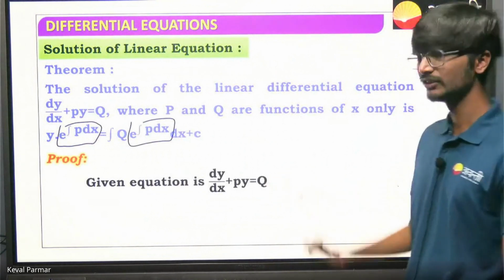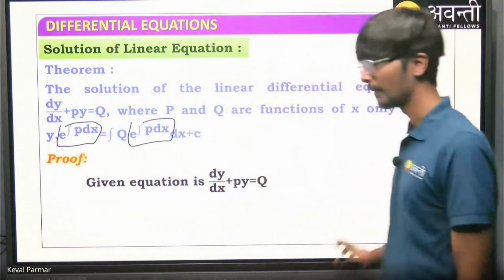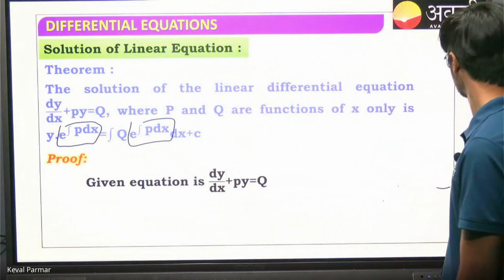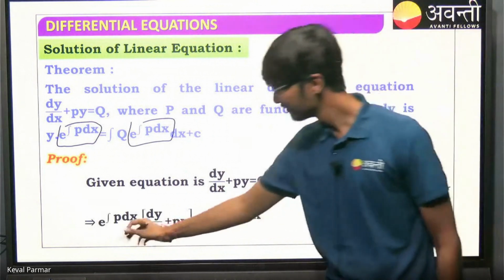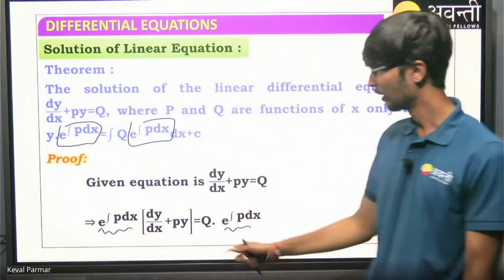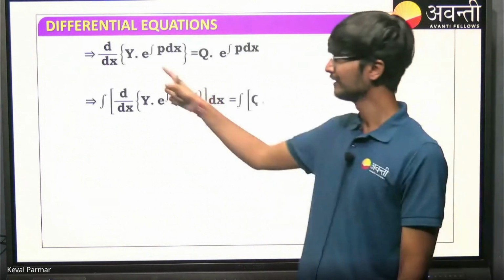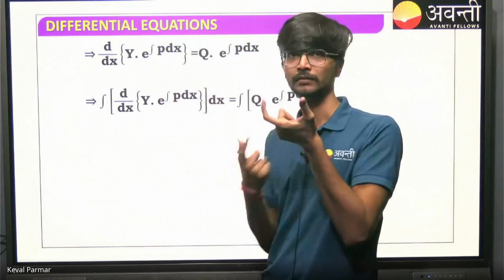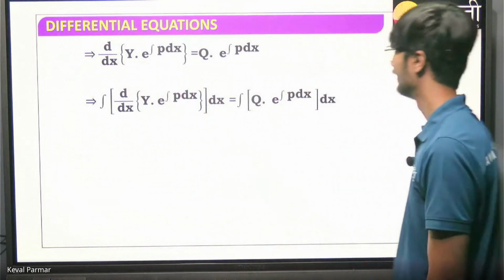So the given equation was this. We multiplied it with e raised to integration of p dx. So here, as you can see, we multiplied both the sides by e raised to integration p dx. Now, as you can clearly see, what will be our next step? The given format was derivative of y into e raised to integral p dx.